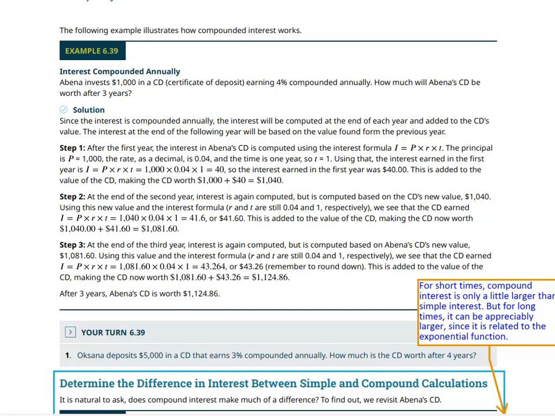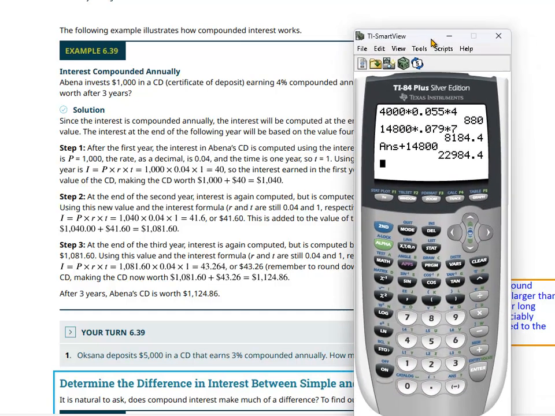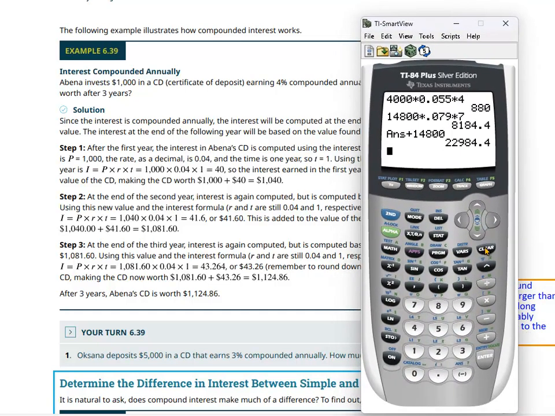So let's calculate. What I'm going to start out with is actually the formula that was used earlier for the simple interest. So 1,000 times 0.04 times actually just the first year. There we go. And we should get $40, right?